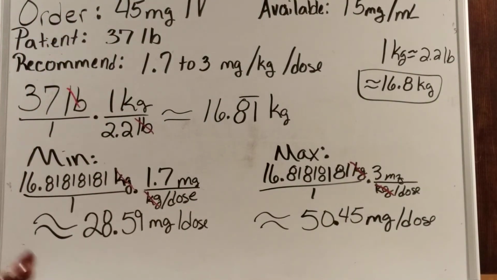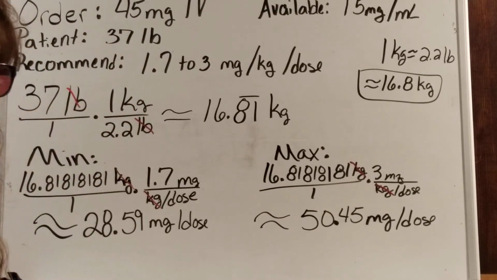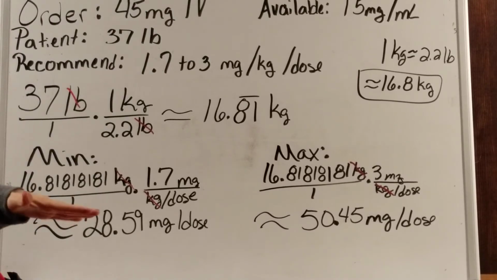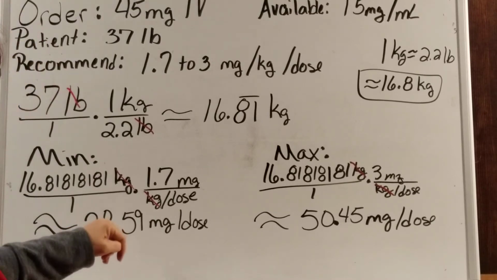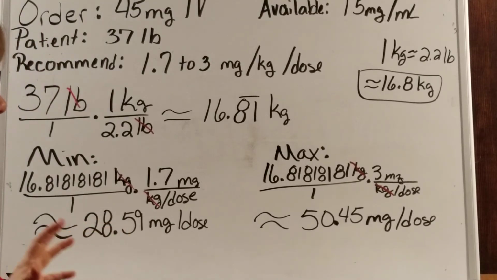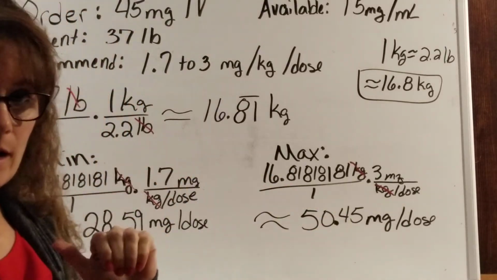And now here's the question. Is it safe? Did the doctor order a safe recommendation? Well, the minimum amount for this patient is 28.59, and it goes up to a maximum of 50.45.